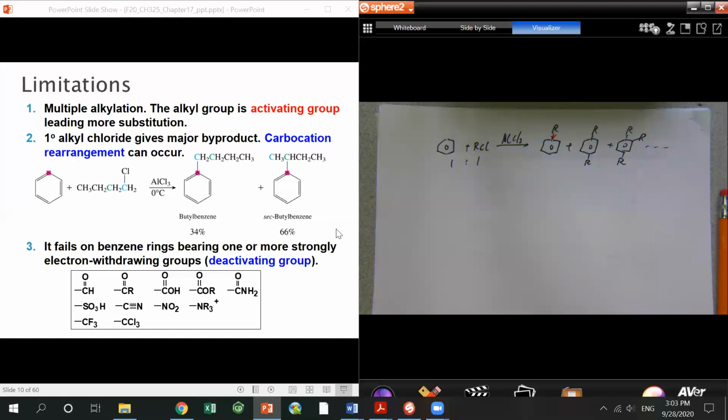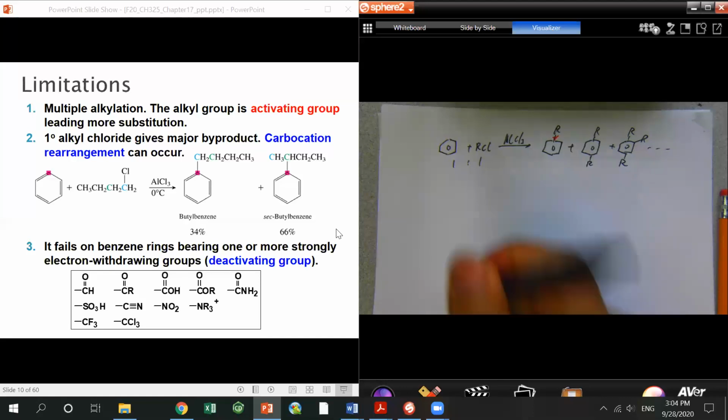And the third problem is if there's an electron withdrawing group already on the benzene ring. In this chapter, we normally call them deactivating groups. That will deactivate the benzene, and then you cannot do any Friedel-Crafts alkylation. So what does that mean?